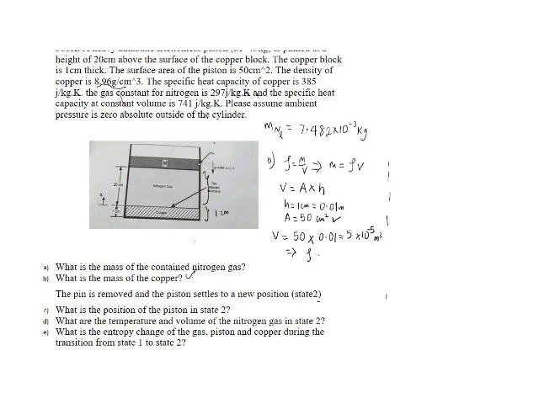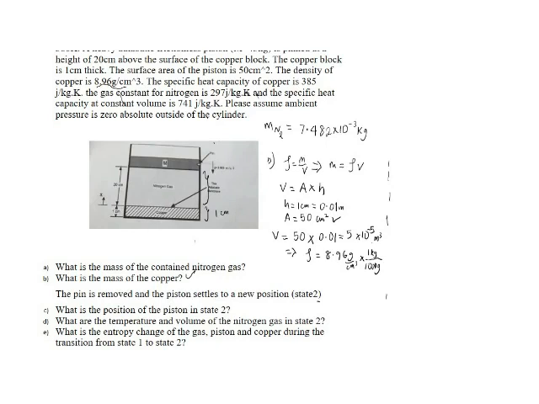So our density is equal to 8.96 grams per centimeter cube multiplied by 1 kg all over 1000 grams.